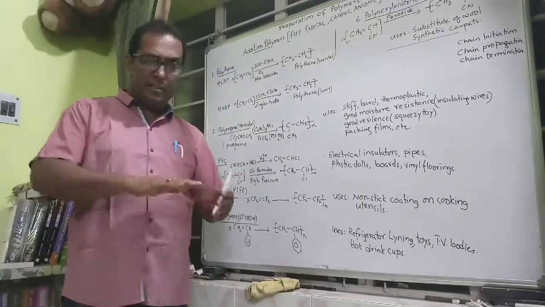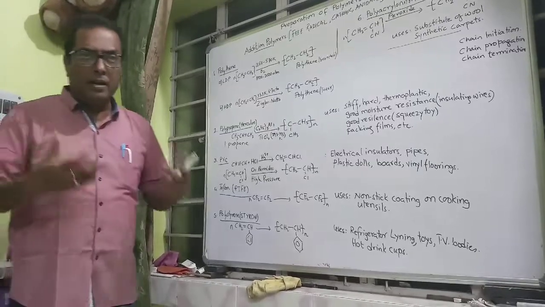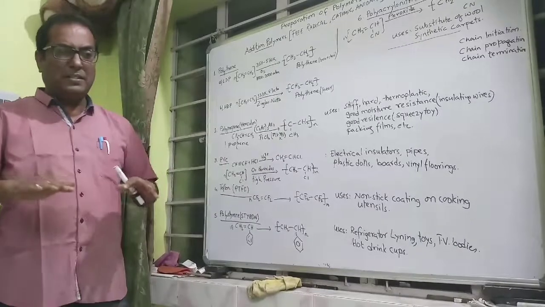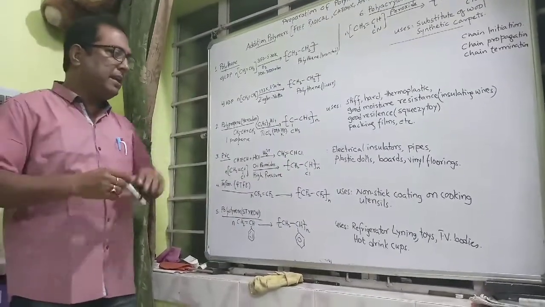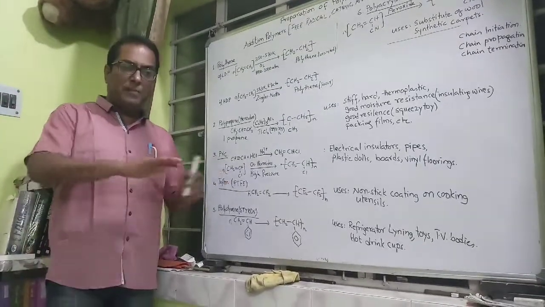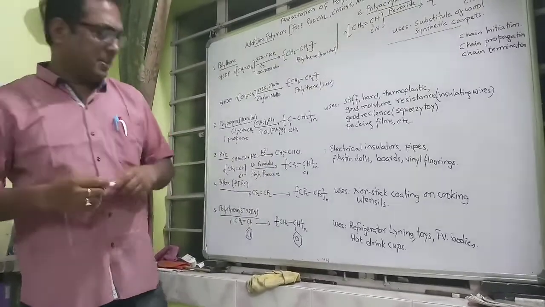Vinyl floorings, you can see anti-rust, anti-hydrate floorings. In these cases, the floors and walls are usually smeared with a thin film of PVC so that they give resistance to water.